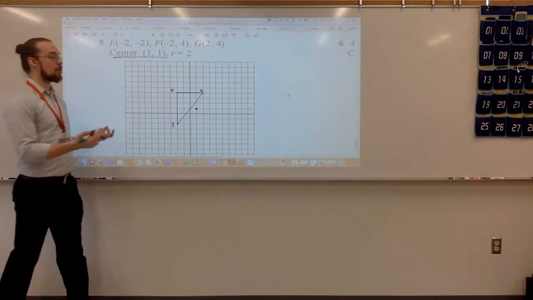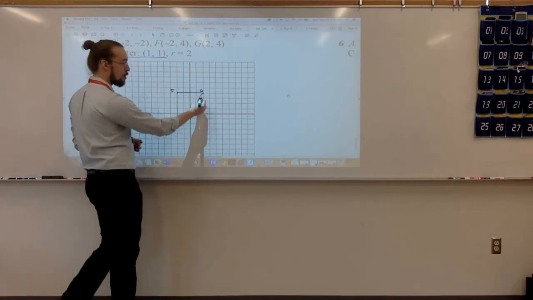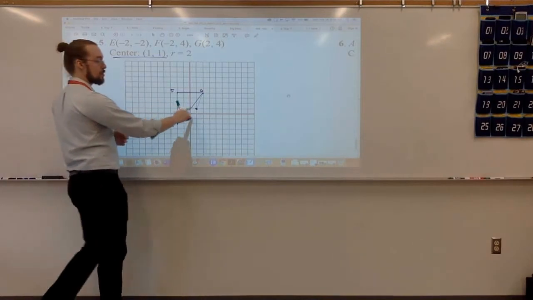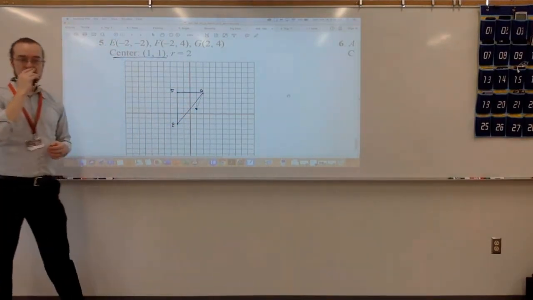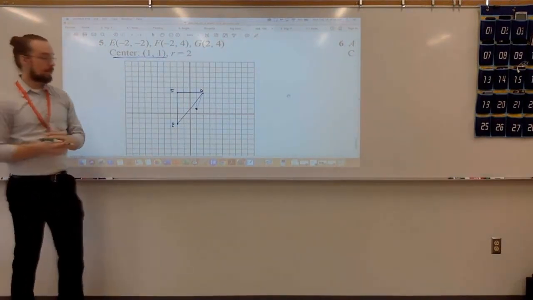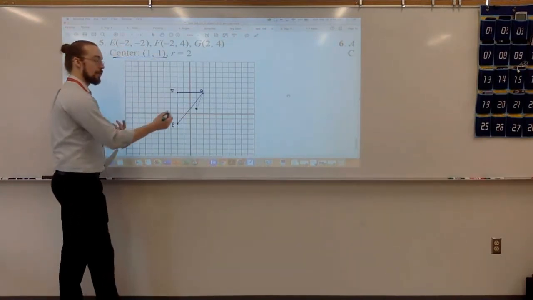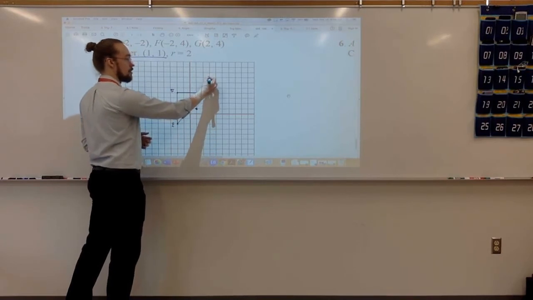I'm just going to draw a line from the center of dilation to each individual point and count the distance, count how far I'm going. So for this one, I'm going over 1, up 3. Well, if I'm doubling that distance, instead of going over 1, up 3, I'm going to go over 2 and up 6.